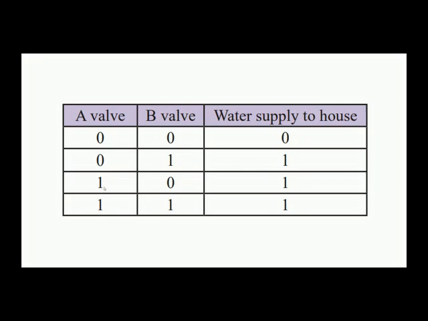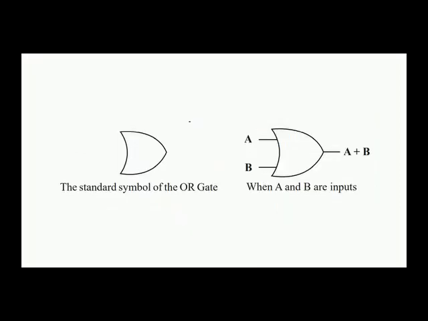Here also one valve is open, so it gets water. And both the valves are open, it gets water. Now the same theory is applicable for the OR gate. Now this is the symbol of the OR gate. If you input two inputs like this, A, B, then your output is A plus B.